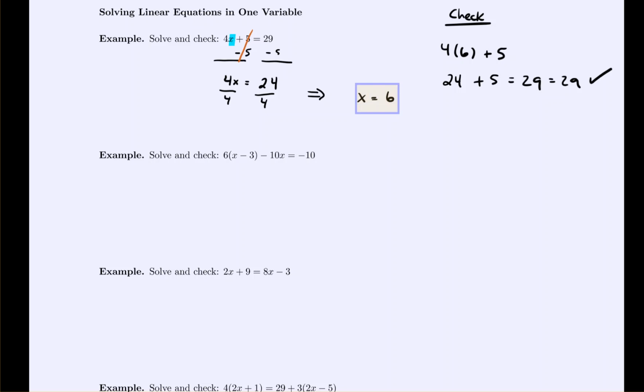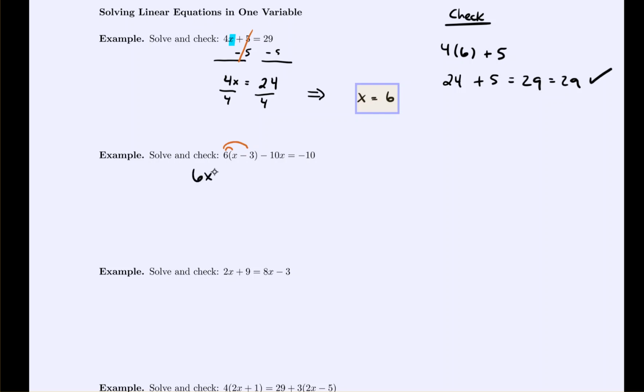Our goal is still to solve for x, but as I look at the left side, I see that this is not fully simplified. So just like we learned in the last section on simplifying expressions, never start trying to solve an equation unless both sides are fully simplified. So before I can start trying to isolate the x, I need to distribute the 6 to both pieces here.